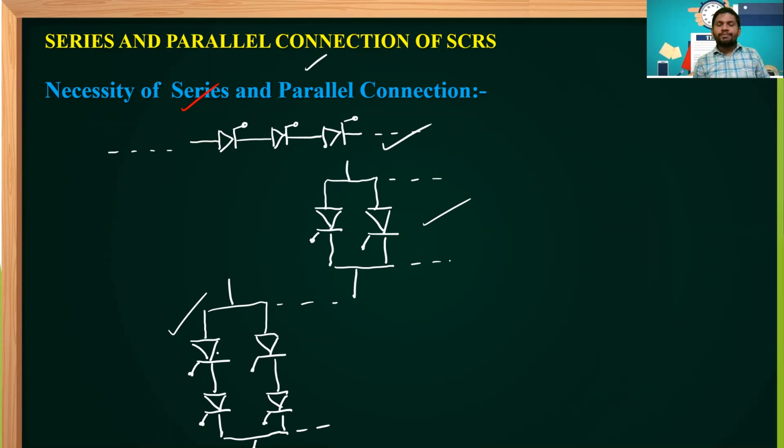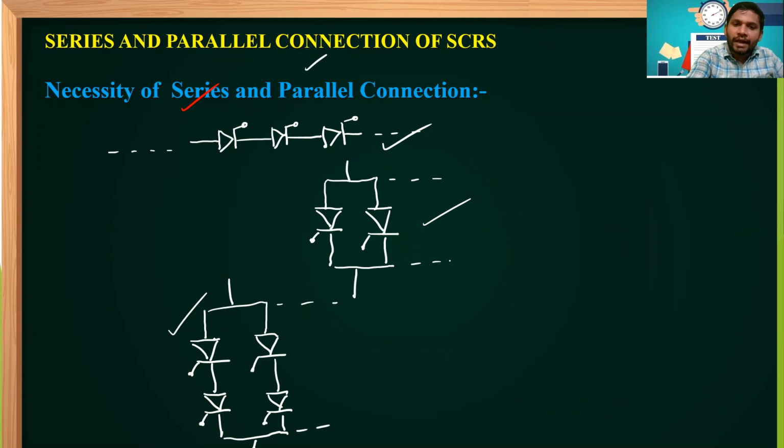Now the question is, in a given string, how much are the SCRs utilized? Is it 90% utilized, or 80%, or 70%? That is measured by one of the important quantities called string efficiency.